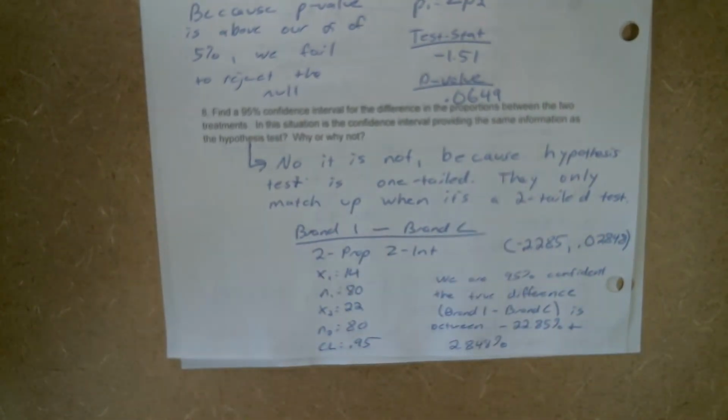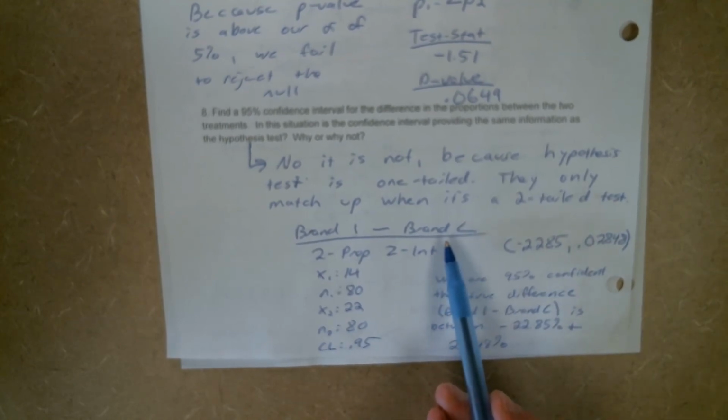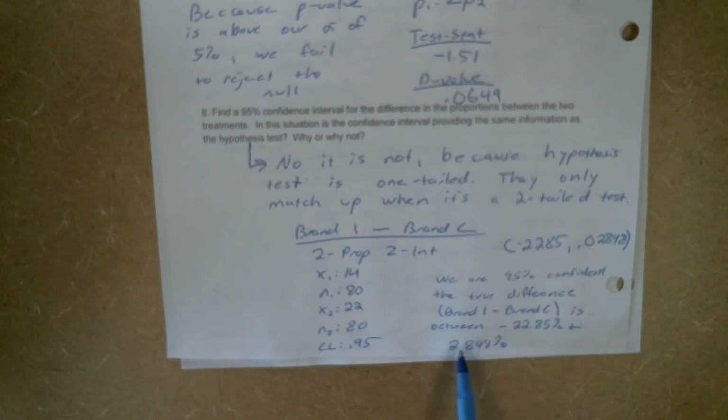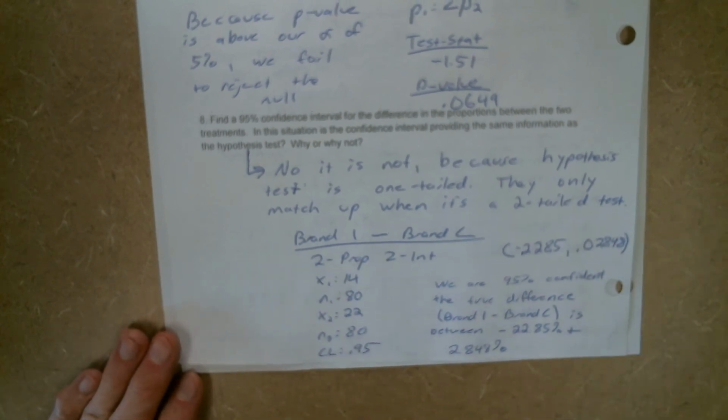Right. So again, a negative value there would mean that brand C had more side effects. And then the positive, this little positive part on the other side, would be that brand I actually had more side effects. All right. But that's kind of how you work through these problems.